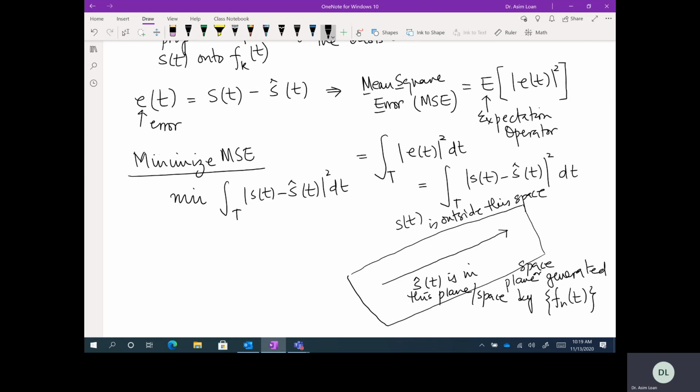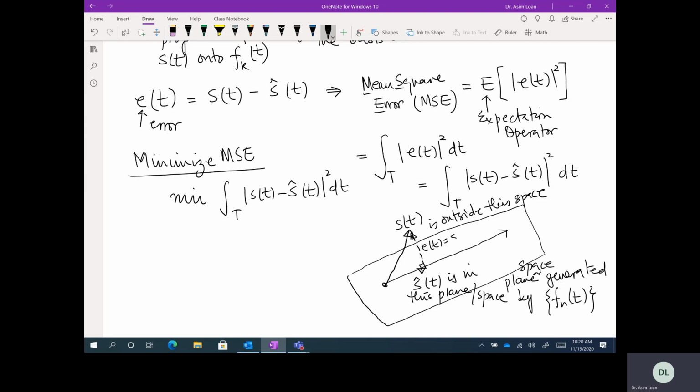The minimum error would be if I drop a perpendicular from S of t onto this space. If I project S of t onto this plane, this is S hat of t, and this is simply the error.